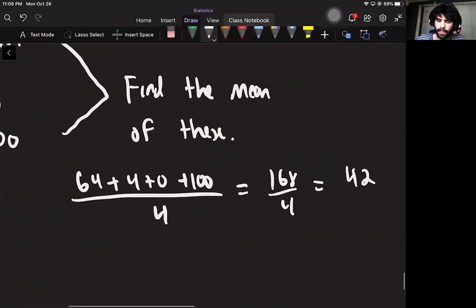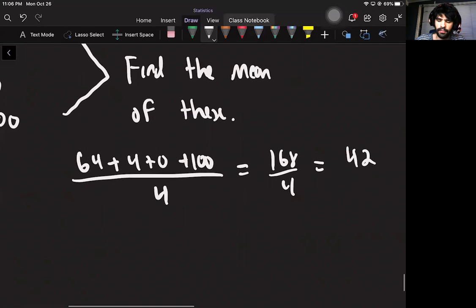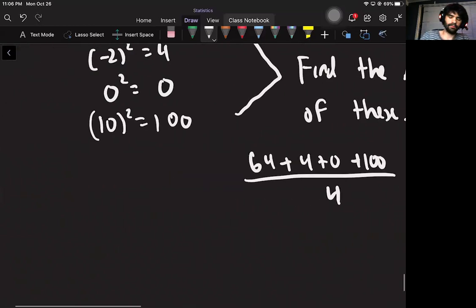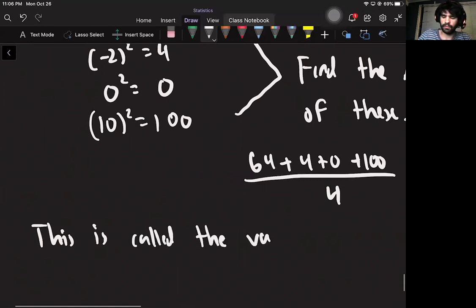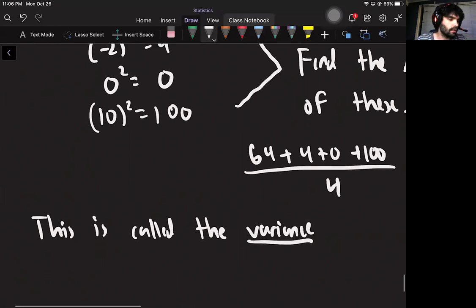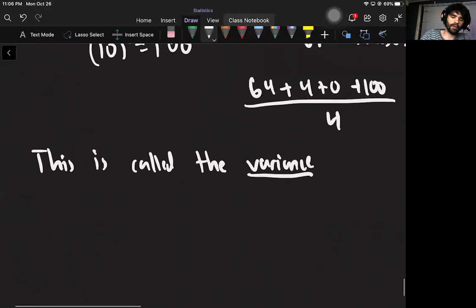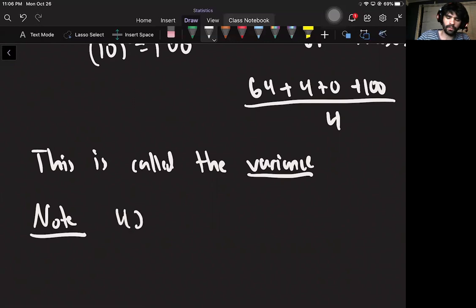So this number is called the variance. So the variance is 42. But one thing to note is how different it is from the absolute mean deviation in terms of size. So 42 is very big, and it's supposed to tell us like the average distance, the average spread.